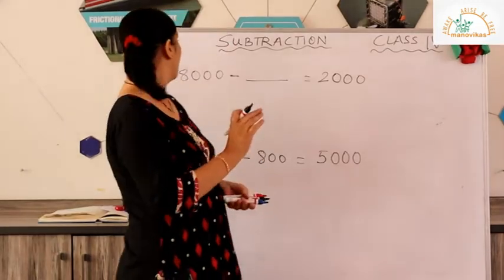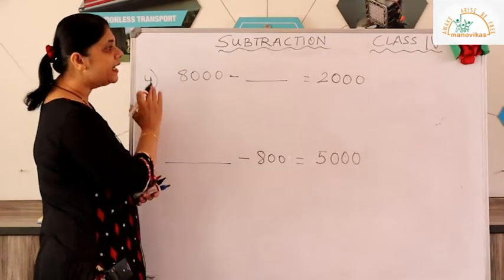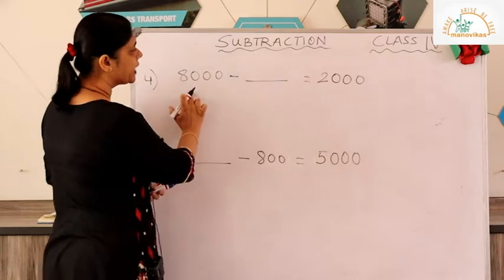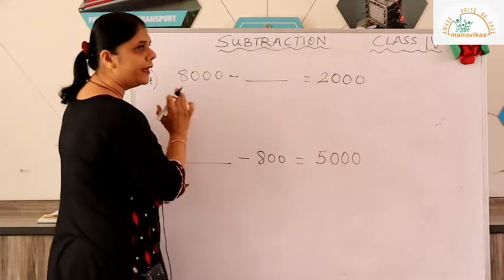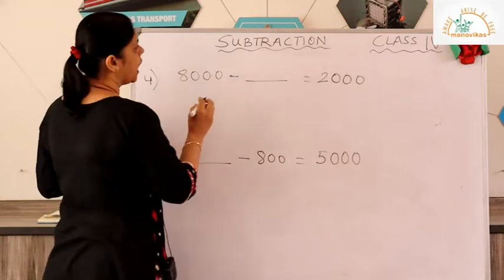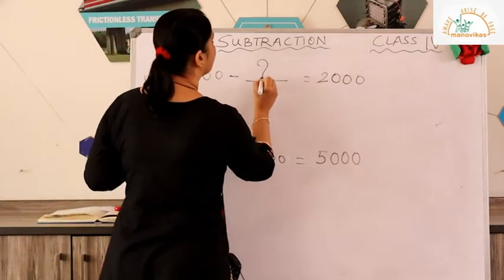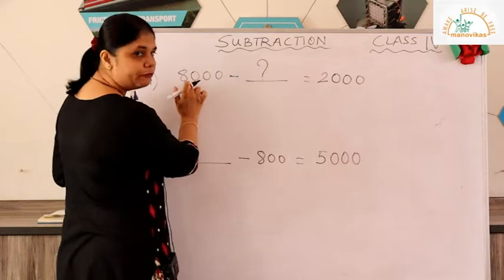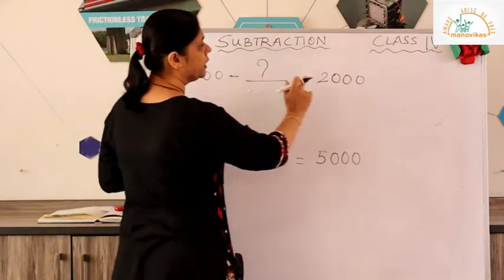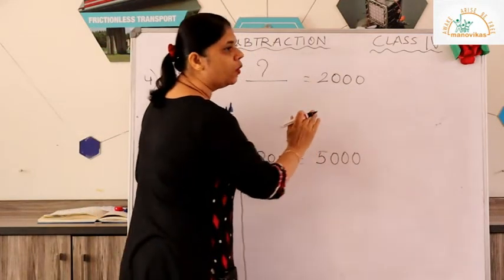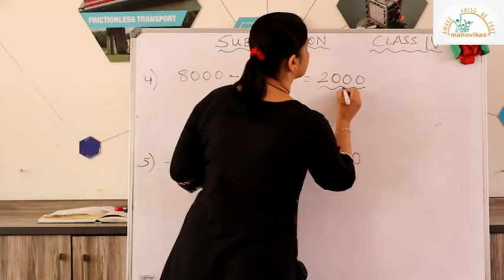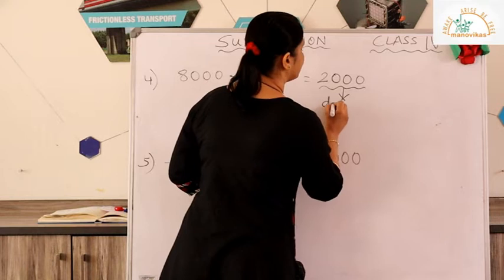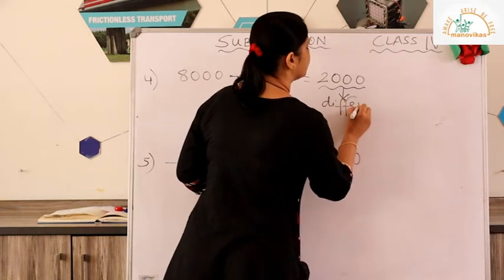Now children, look at the next example. Read the example first. 8,000 minus dash equals to 2,000. Now in this case you are asked to find the number which when subtracted from 8,000 will give you 2,000. Now we all know that the difference which we get is called, the answer that we get is called the difference.